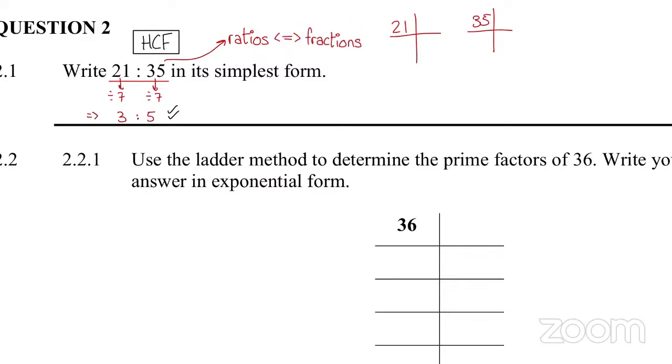Okay, so in your calculator, while you can't put a ratio, you definitely can put a fraction. So in your calculator, you can put 21 over 35. Okay, and it will simplify the ratio for you. That's going to give you, in its simplest form, 3 over 5, which therefore results in a 3-to-5 ratio. Okay, and since you're not getting your marks for dividing it by 7, you're going to get both your marks right there for just having the final ratio.